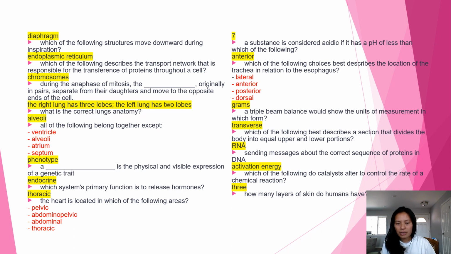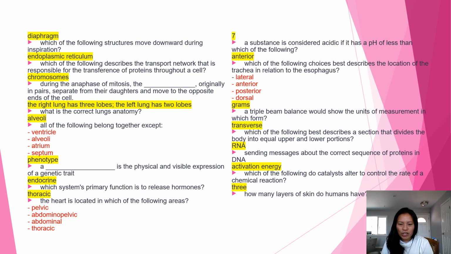So grams. Triple beam balance, grams. Okay, next one. Which of the following best describes a section that divides the body into equal upper and lower portions? So up and down, upper and lower portion, we call it transverse.